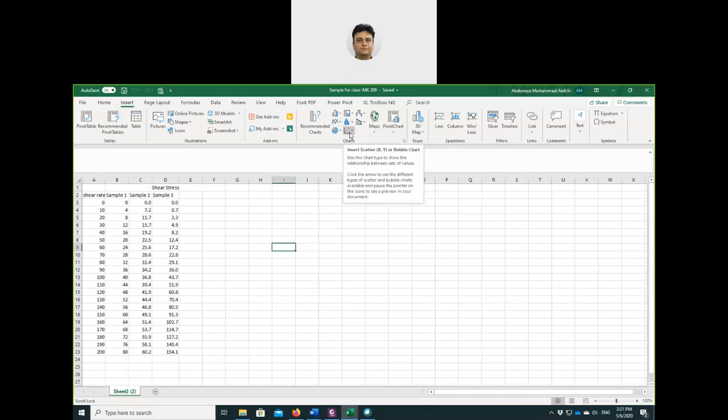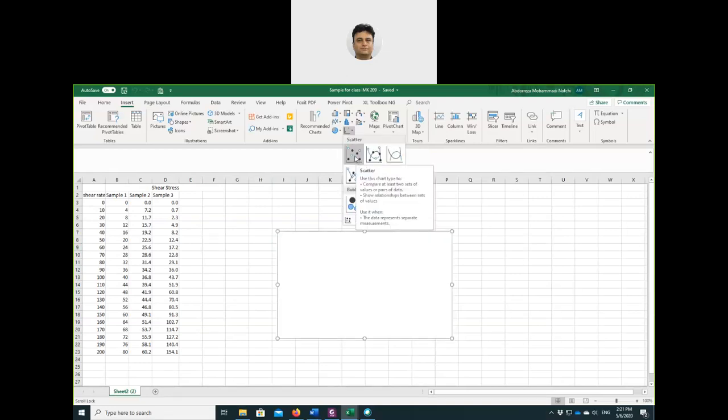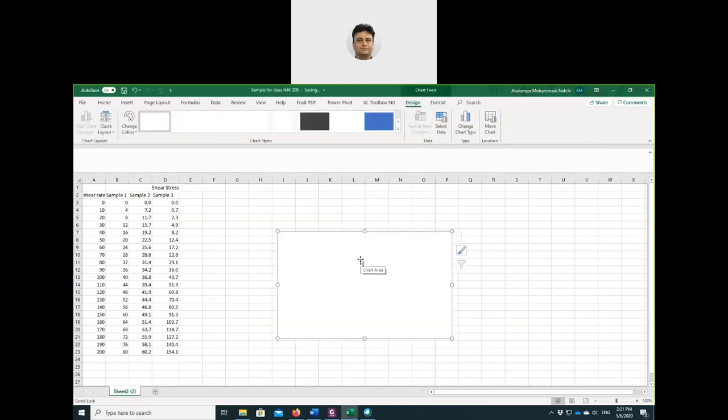So we select the scatter, just dots. Okay, and now I have one empty space for plotting the graphs. I want to draw for sample 1.